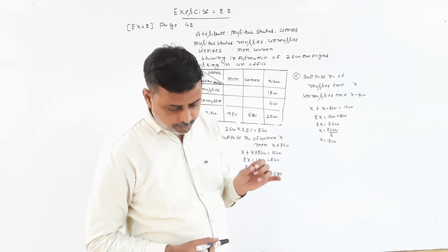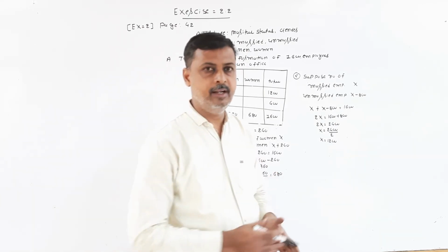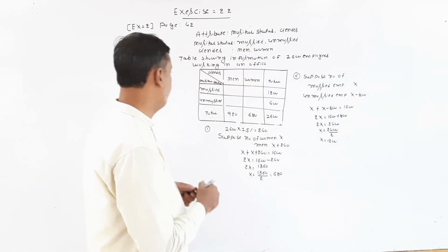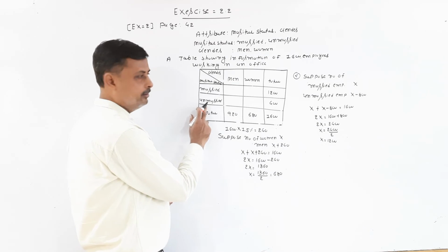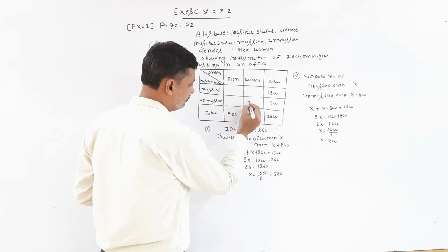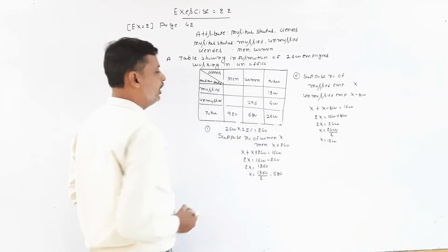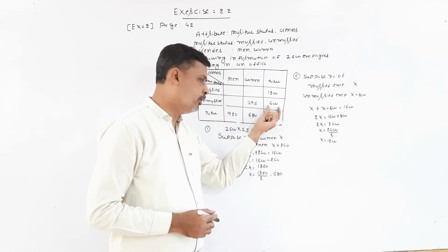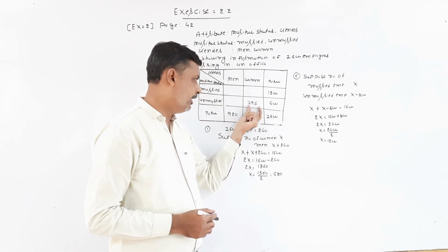Then the number of unmarried women is 195. Unmarried women 195. So unmarried and women 195. Total unmarried 400 and 195 women.